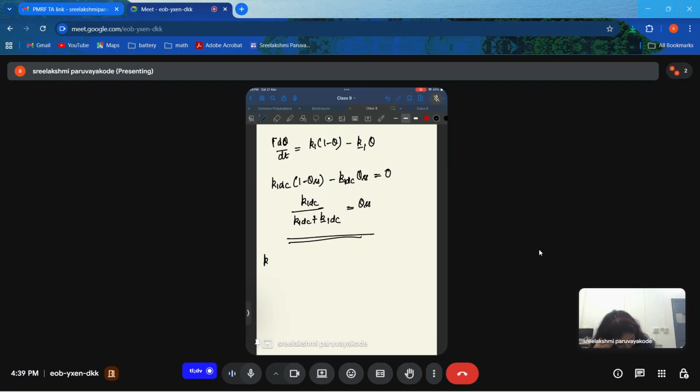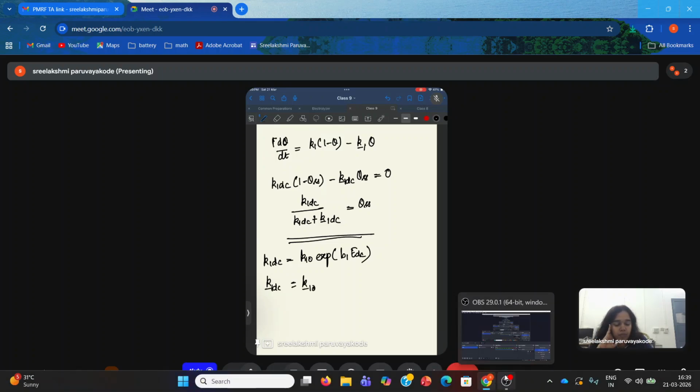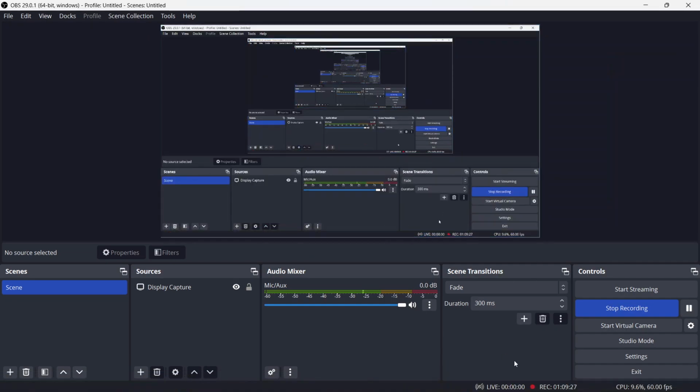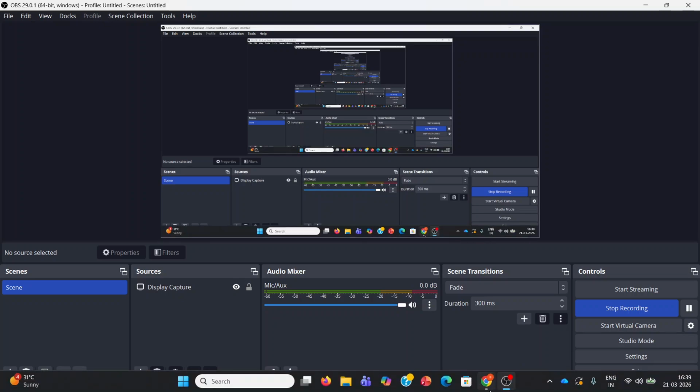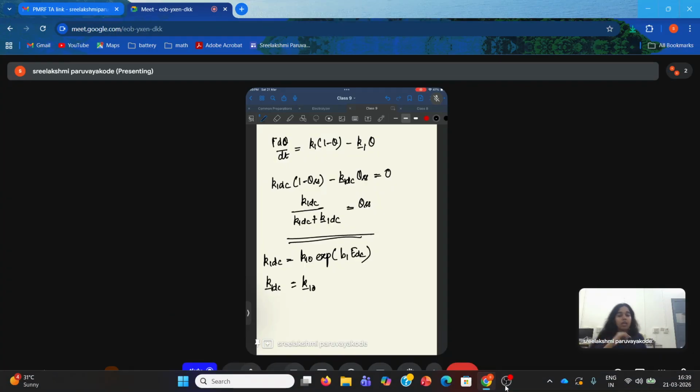Now what is k1 dc? It is k1 naught exponential of b1 E dc. k minus 1 dc equal to k minus 1 0 exponential of b minus 1 E dc.